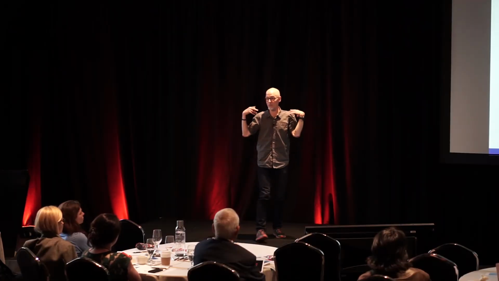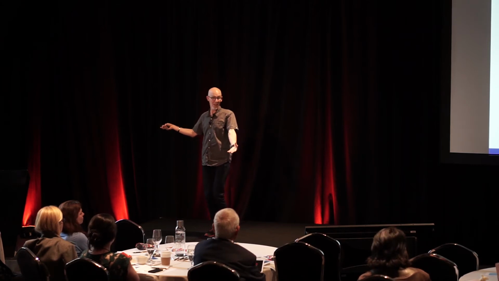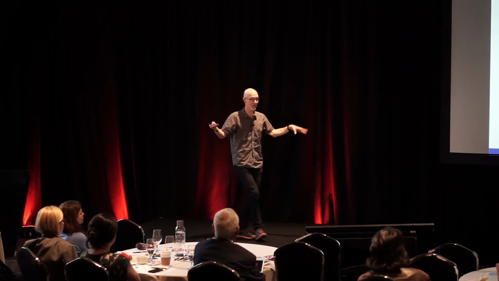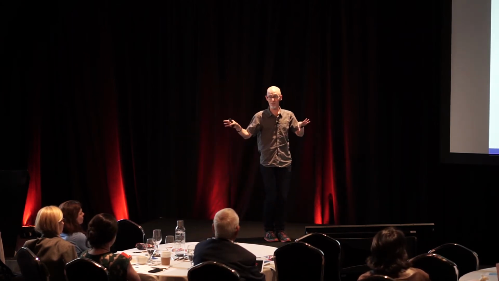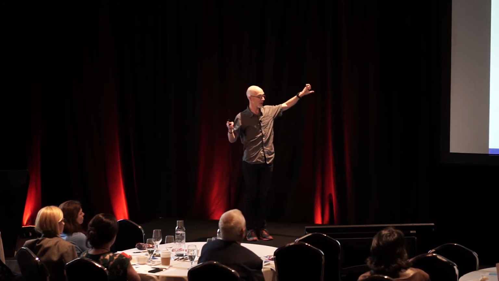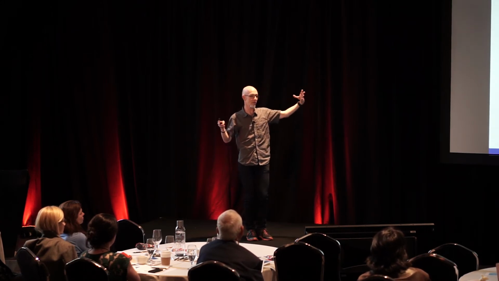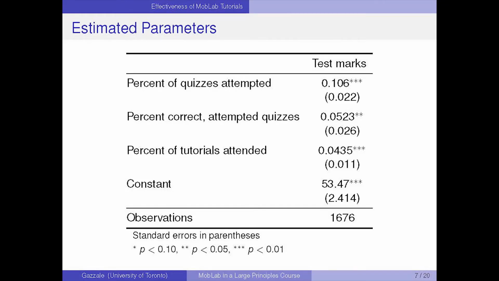What is also important to note here is, to some extent, these are measures of being engaged with the class in general. And there are times in students' lives when, just for whatever reason, they're not engaged with the material, and these are probably the times in their lives that they're not going to go to tutorials, and I agree. But what I also think is important is that in this regression I measure two different forms of being engaged with the material since the last term test. Have you been taking quizzes?